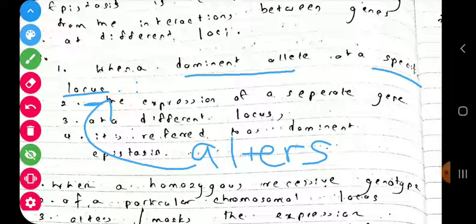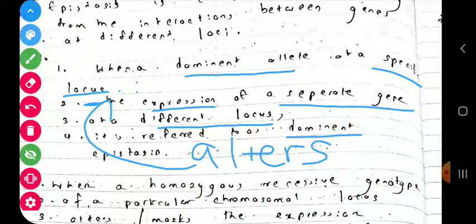So when a dominant allele at a specific locus alters the expression of a separate gene, we saw that it was another gene, right? A separate gene at a different locus, it is referred to as dominant epistasis.